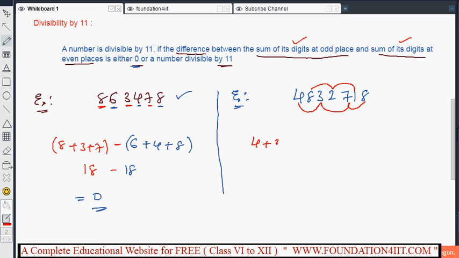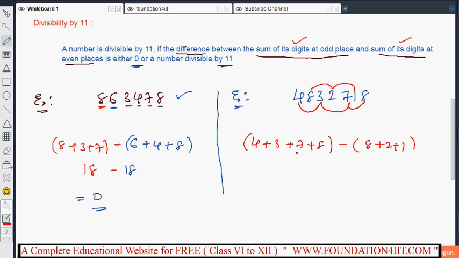That is 4 plus 3 plus 7 plus 8, and 8 plus 2 plus 1.